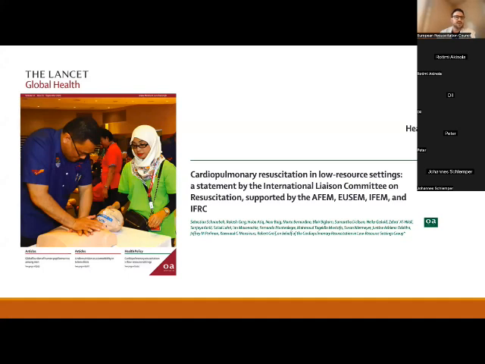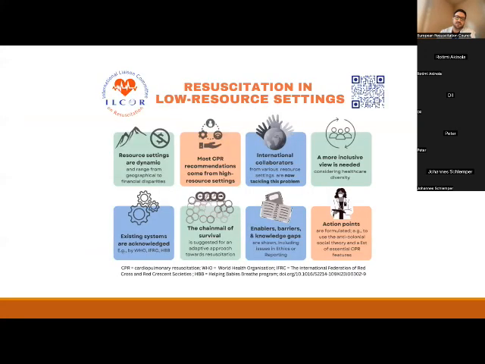And you can also see that this statement was supported by several organizations, like, also with variability there: European organizations, African ones, etc., international ones. So we try to have a diversity of resource settings in the organizations supporting the statement, but also in the author group having written this statement.